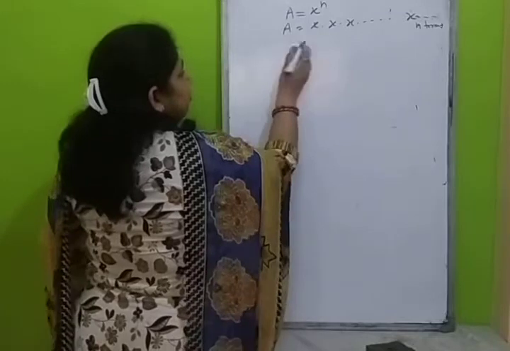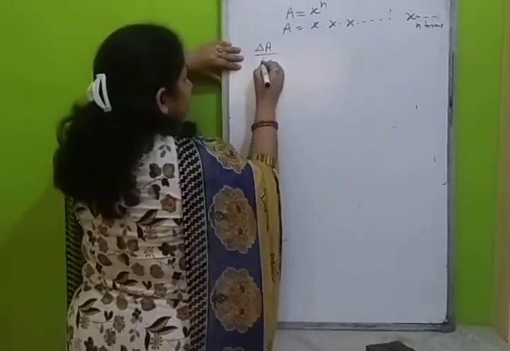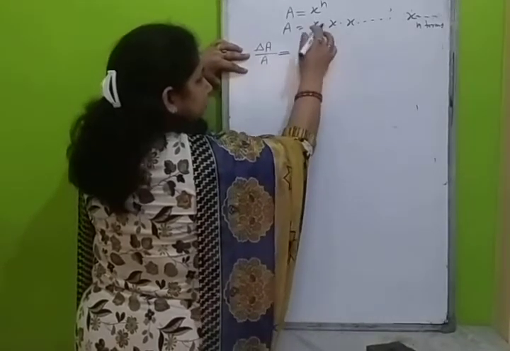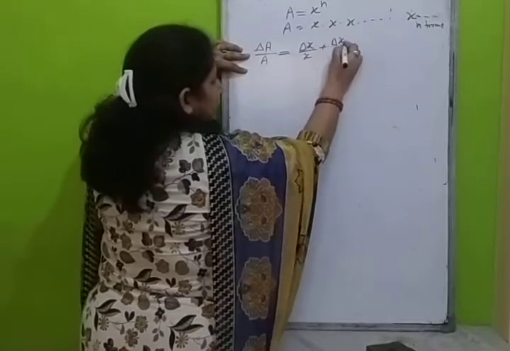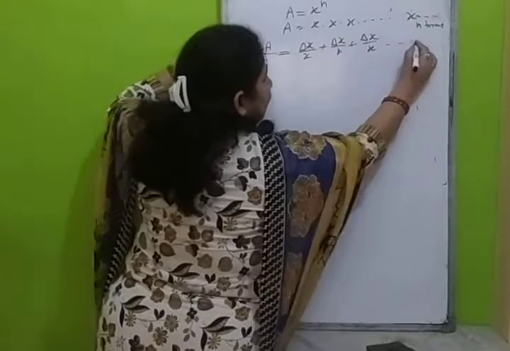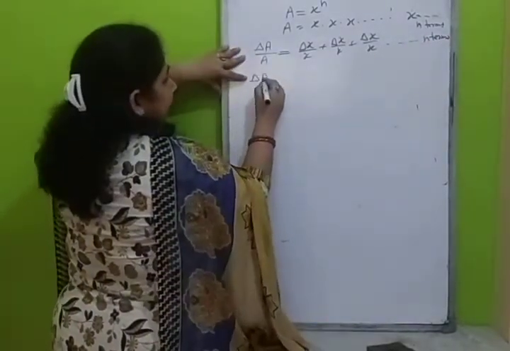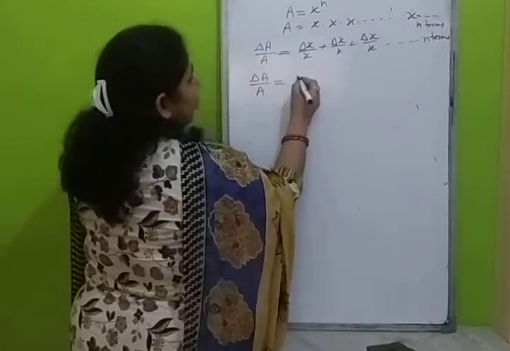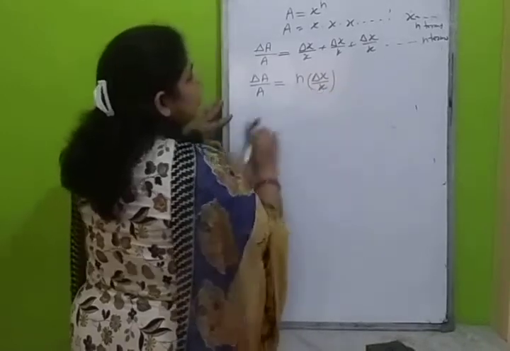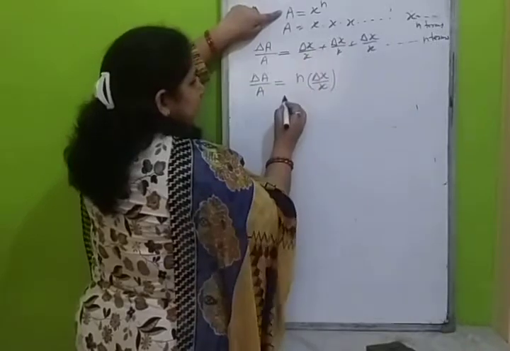Now, if we multiply, as we have just done, delta A upon A should equal delta x upon x plus delta x upon x plus delta x upon x up to n terms. It means delta A upon A is equal to n times delta x upon x. Got it?